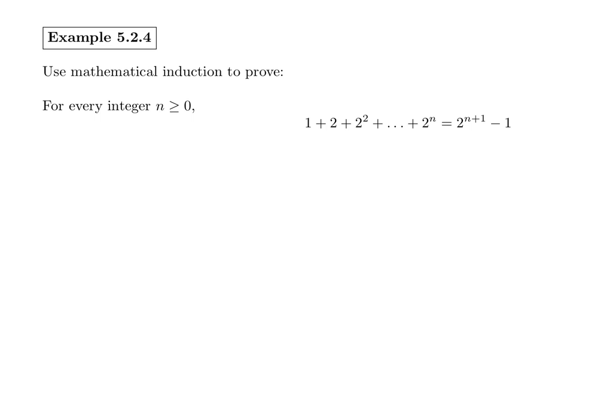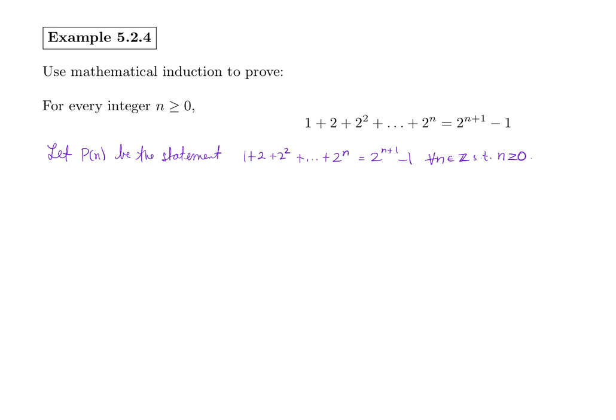So we're going to start this one the same as we've started all of the other ones. We're going to let P of n be the statement. We're going to write out our statement 1 plus 2 plus 2 squared plus all the way up to 2 to the n is equal to 2 to the n plus 1 minus 1 for all integers n such that n is greater than or equal to 0.